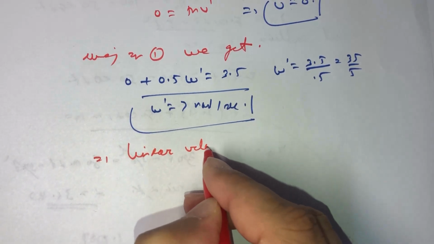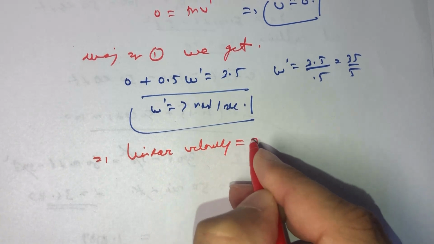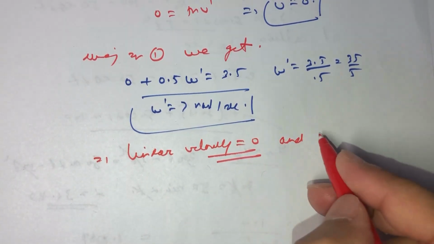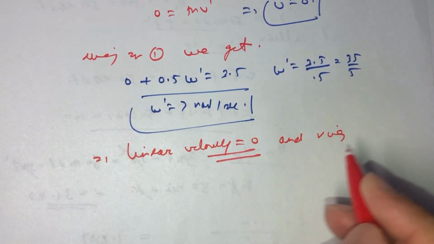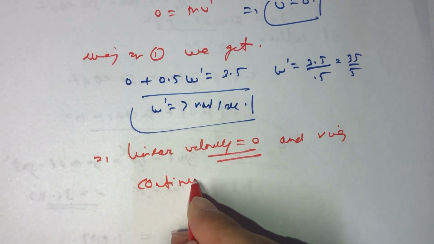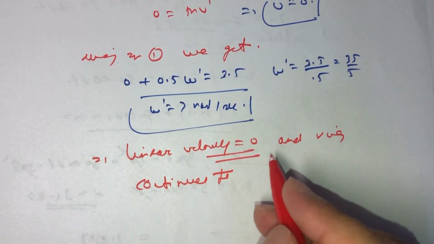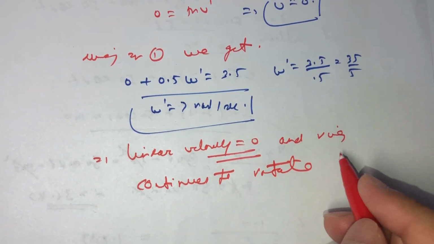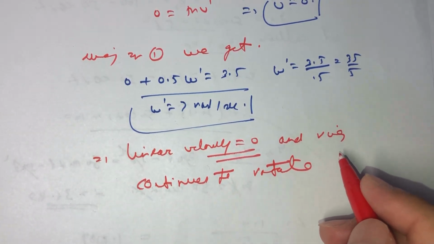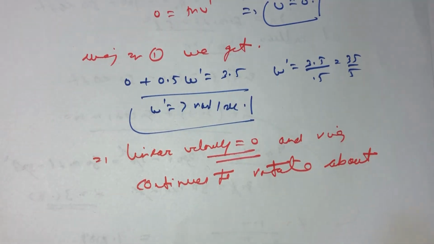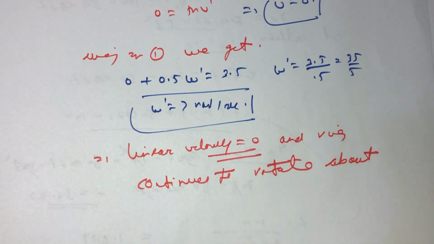Linear velocity is equal to 0, and the ring continues to rotate about the center of mass, which is stationary.